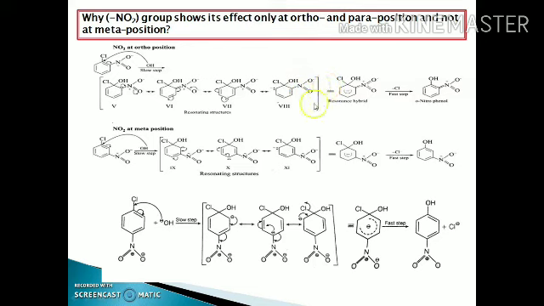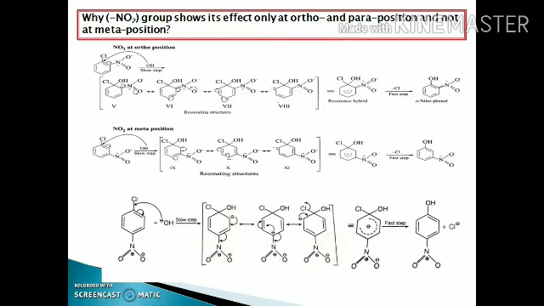When the carbanion formed is stabilized by the nitro group, it easily facilitates the attack of the nucleophile on the other side of the haloarenes. Similarly, in case of the para position, the carbanion that is formed gets stabilized by the nitro group present at the para position.